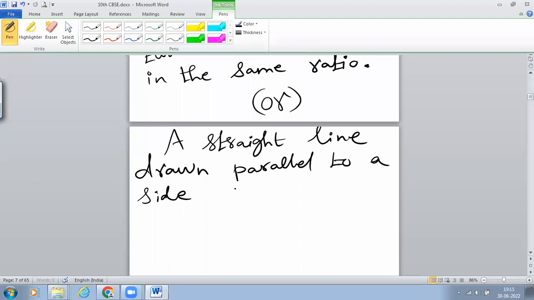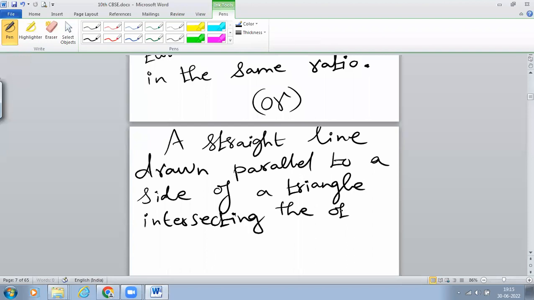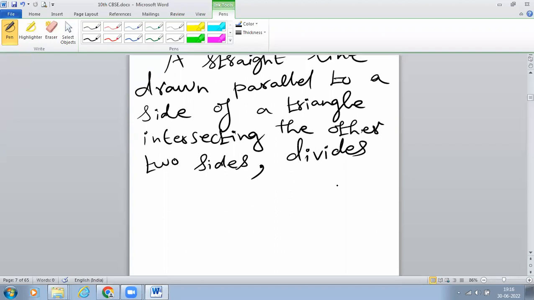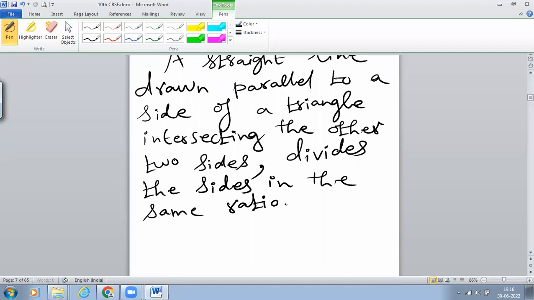Parallel to a side of a triangle, intersecting the other two sides, divides the sides in the same ratio. That's it.